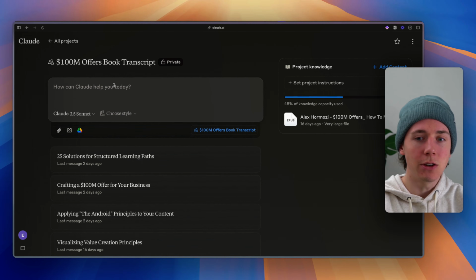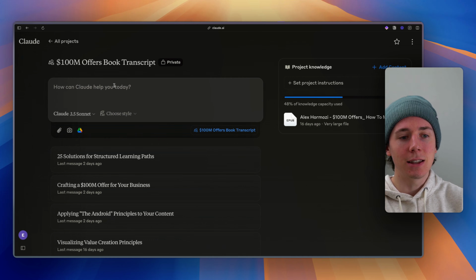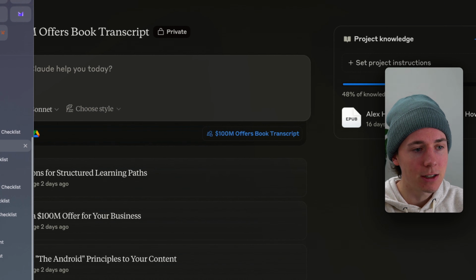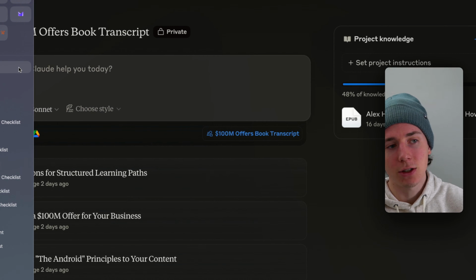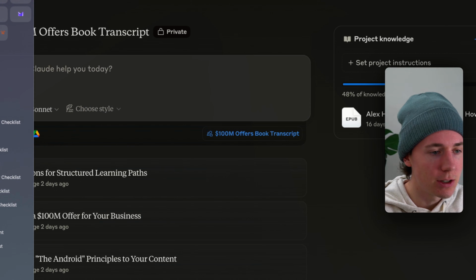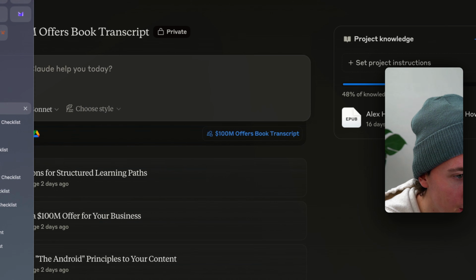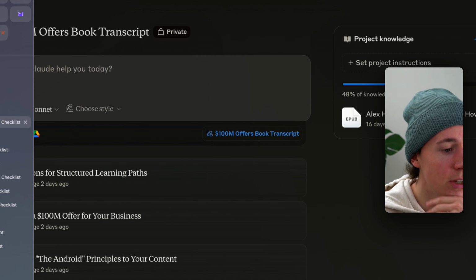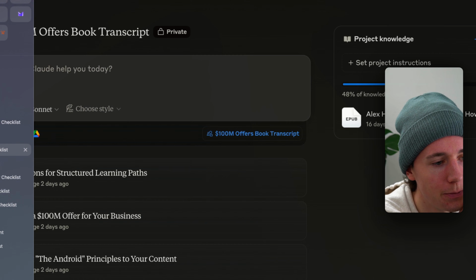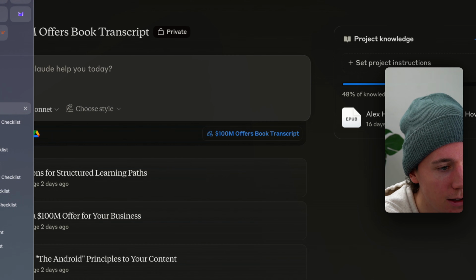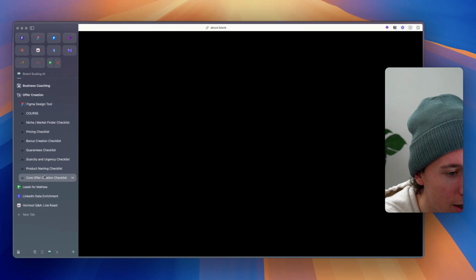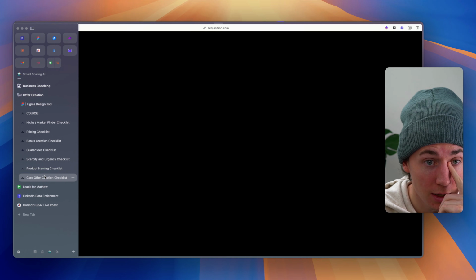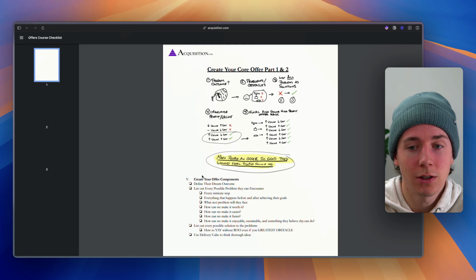So now I can basically start ideating these different processes, and I think it's just a really solid framework. On top of that, I have here the niche market finder checklist, the guarantees checklist, and I think the main one we're going to look at is the core offer creation checklist. So this is Alex Hormozi's checklist of the book.